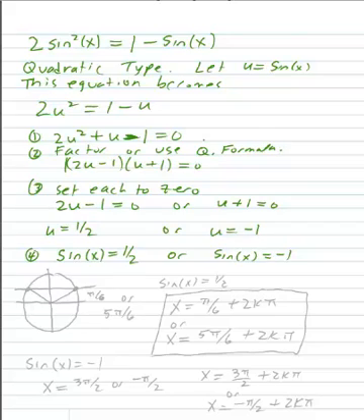And here we need to again recall the unit circle. So once again, here's our unit circle. And where does the sine equal 1/2? Sine equal 1/2 occurs in the first quadrant at pi over 6, and in the second quadrant at 5 pi over 6.